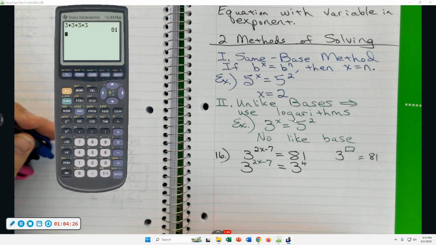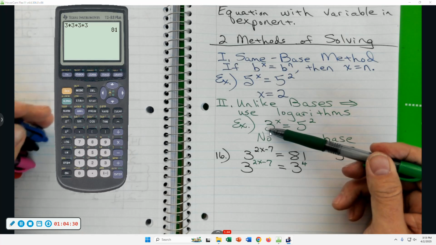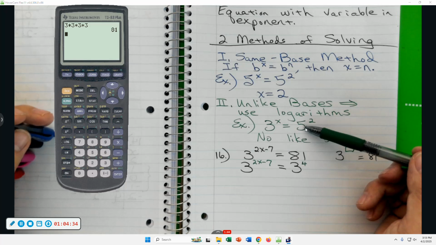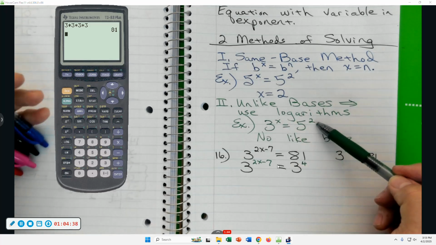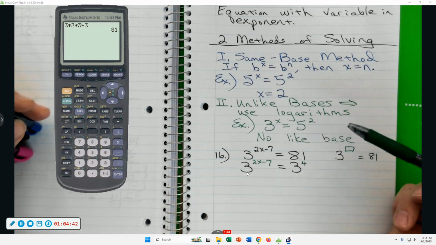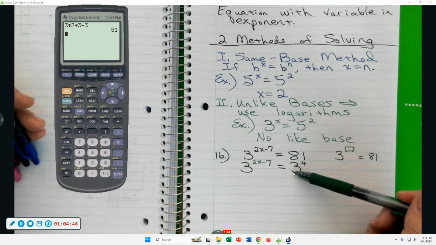There's no way you're going to get a 5 written with a 3. 3 to the first power is 3. 3 squared is 9. We skipped right over 5. Okay. Sometimes it's just impossible to get a common base, and we'll see those problems will require a calculator and logarithms. But here, we got a common base.